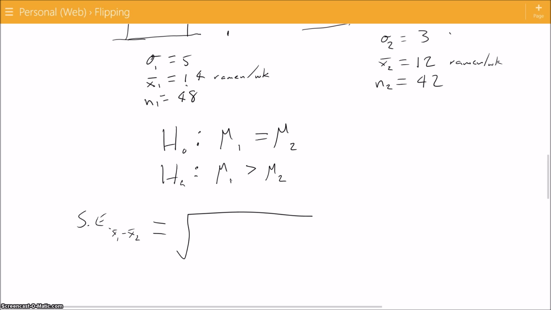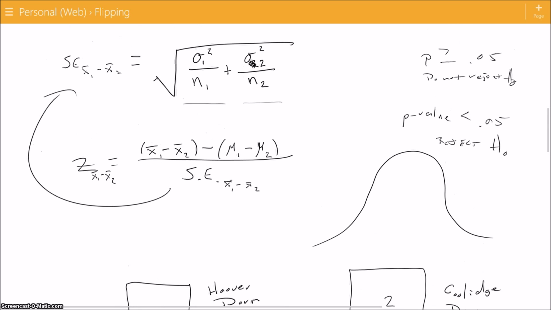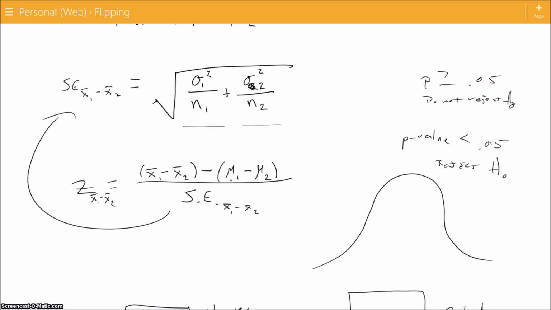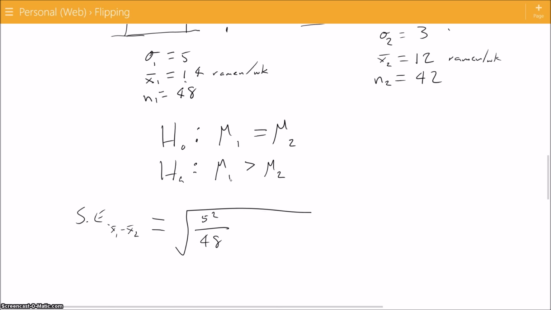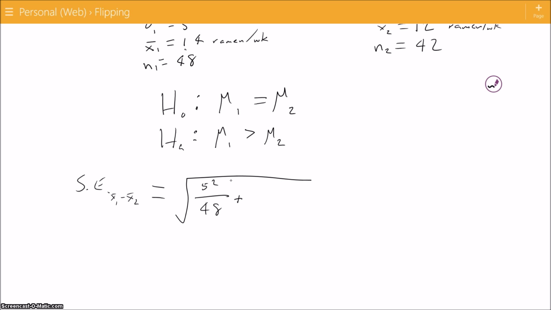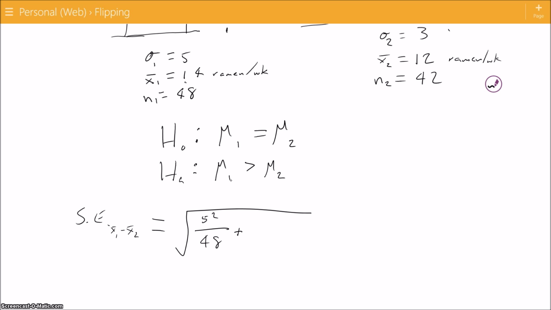So standard deviation squared, this is 5 squared, over n1, so that's 48, and then check your sign, plus standard deviation for second group, 3 squared, over n2, and our sample there is 42.